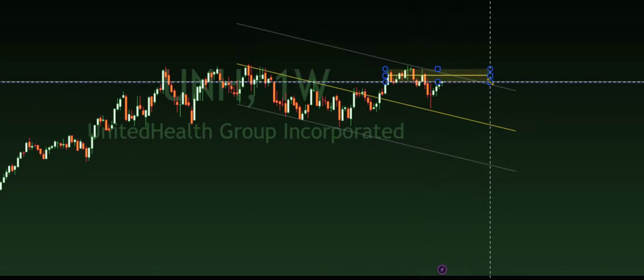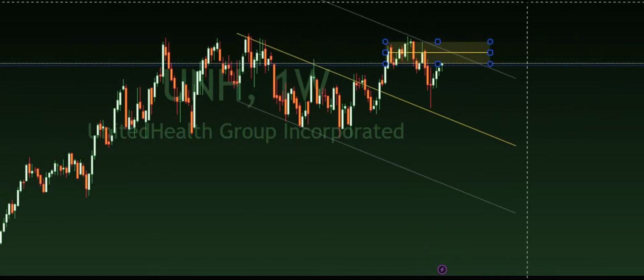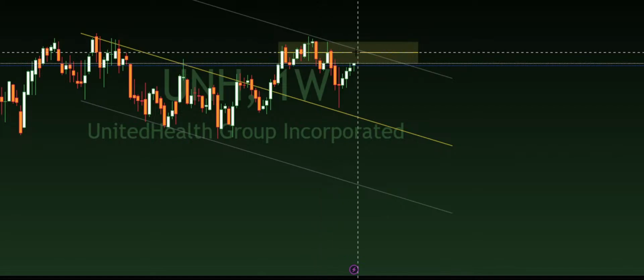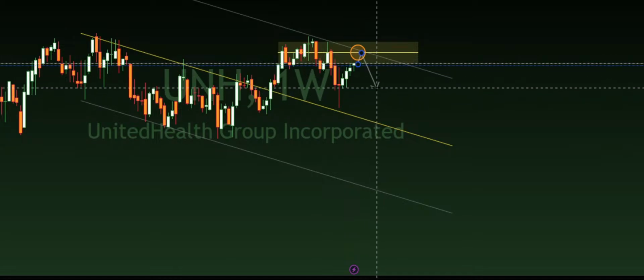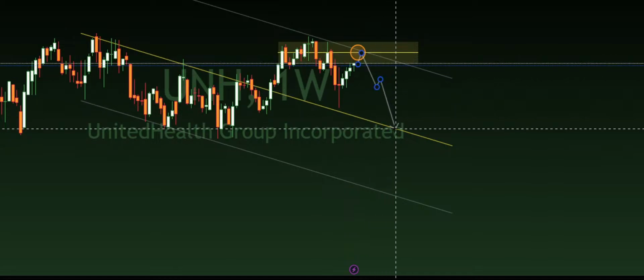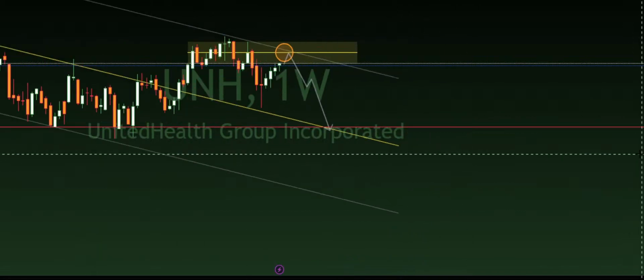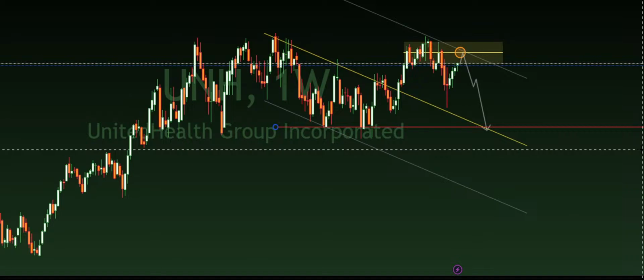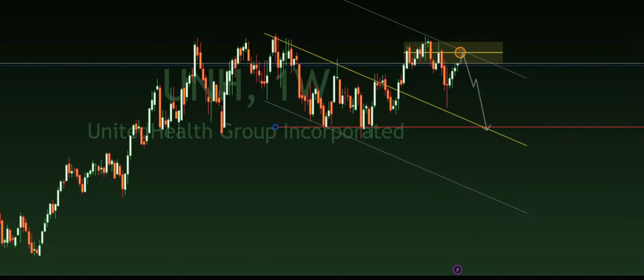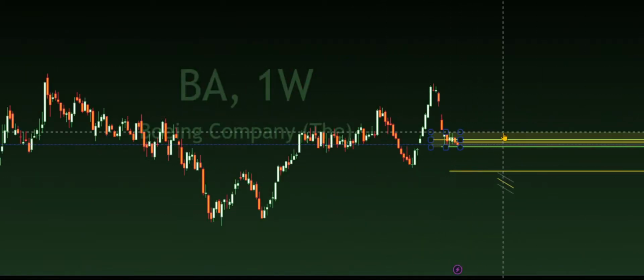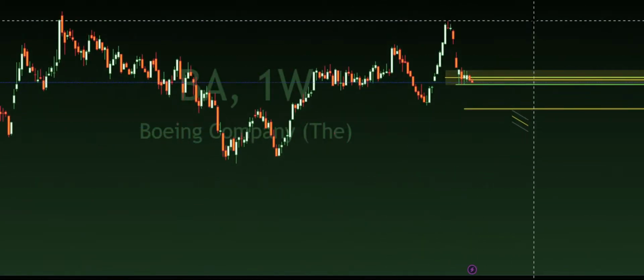A rejection off of cost basis would be in confluence with said resistance, and if it couldn't break, it would do this. So we can, and oftentimes will have to, utilize channels to try and establish price targets.